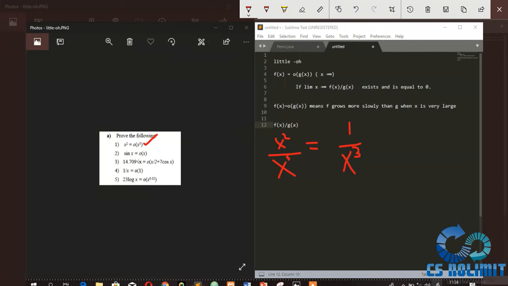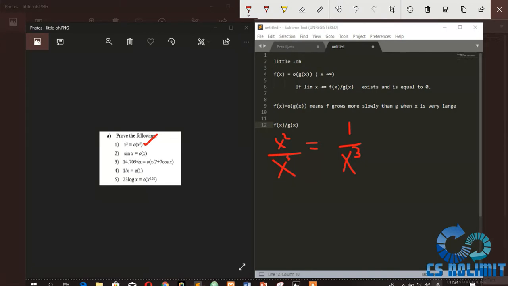Okay, let's see sine of x is equal to o of x. Same property. f of x is equal to sine x and g of x is equal to x. Let's say x approaches infinity and the value of x is equal to 90. Sine of x will give us 1 and x will give 90.